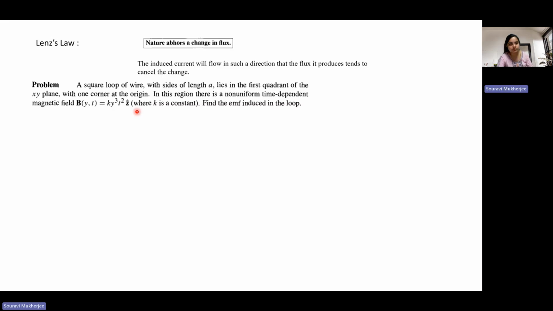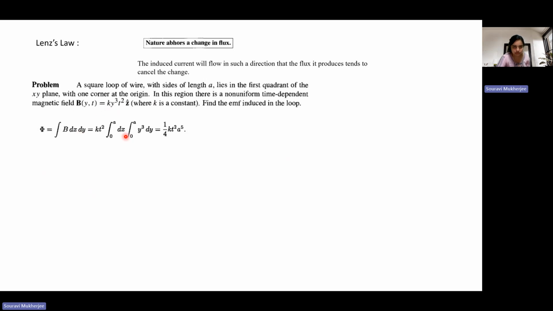Okay, so in this case the square loop is not moving, so the area is not changing. What is changing is the magnetic field. So you can try to find an expression for your flux, where flux is nothing but the surface integral of B dx dy, and as you can see, B is a function of y.